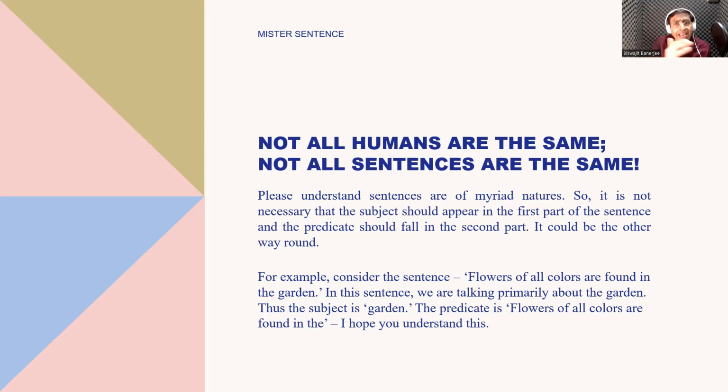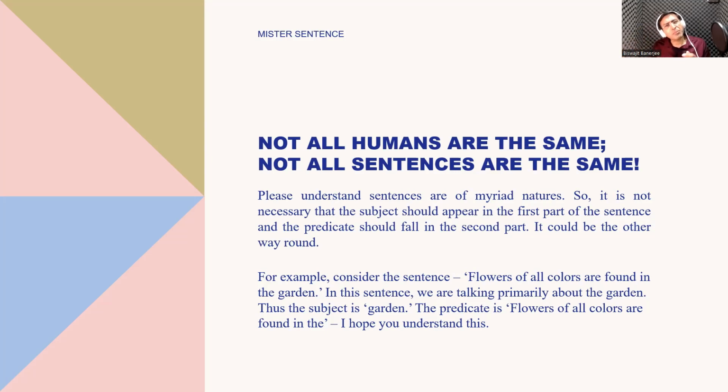Here, you can take the interpretation that flowers of all colors is the subject because the sentence is about flowers, and are found in the garden is the predicate. That is another way of interpreting it. And you can even interpret it the way this slide explains, that the subject of the sentence is garden and flowers of all colors are found here is the predicate.